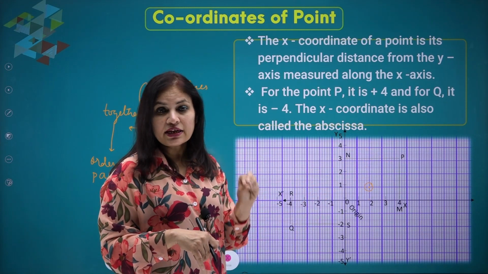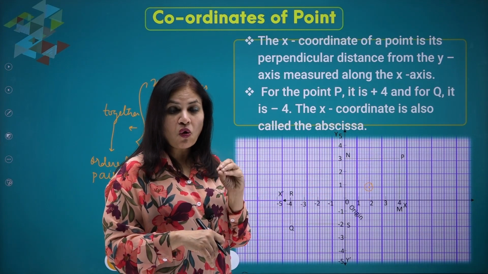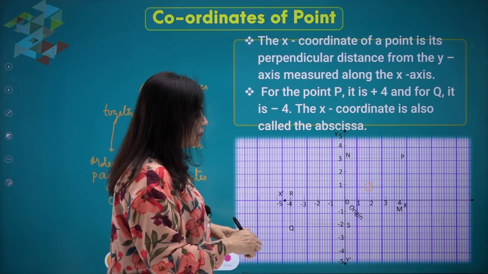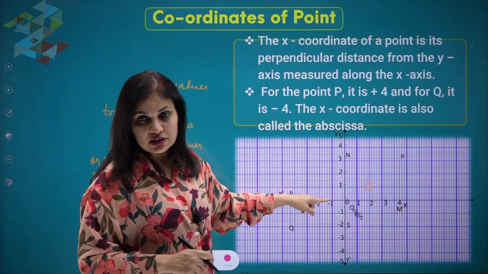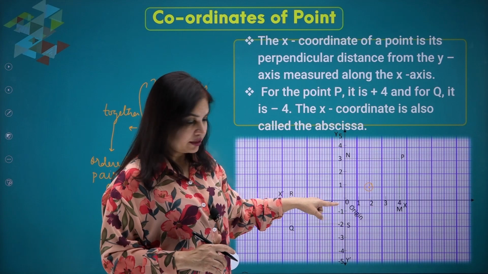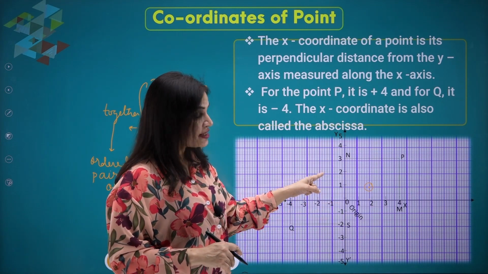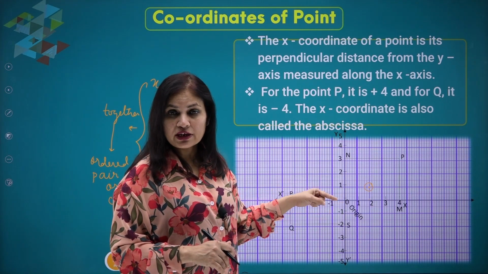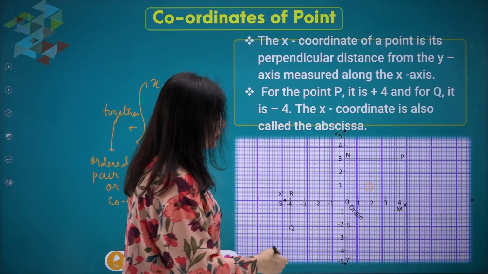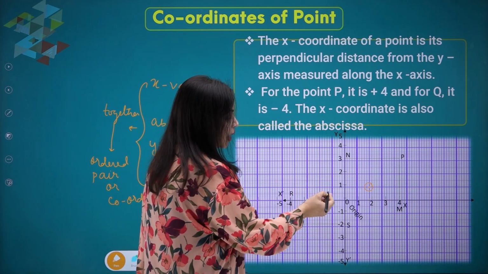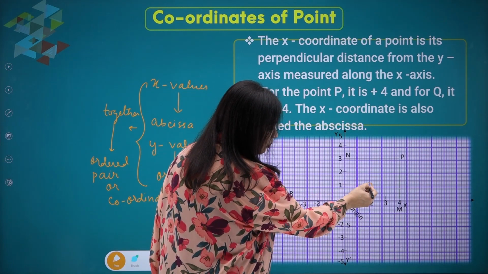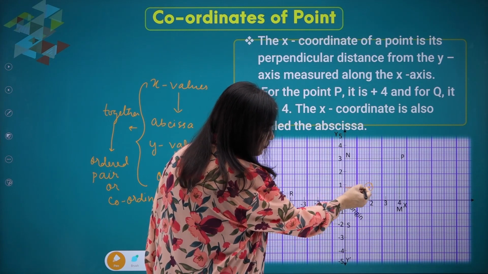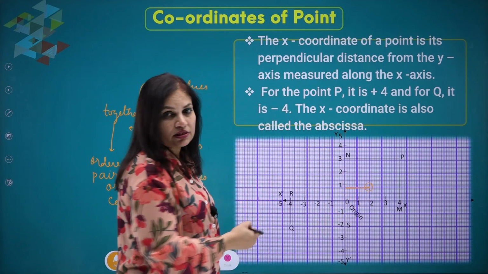It is neither lying exactly on the y-axis nor on the x-axis. So if I have to locate this point on a Cartesian plane, and if I have to find its x value, how much to the right or to the left it is lying, then how will I calculate it? I will take its perpendicular distance from the y-axis.